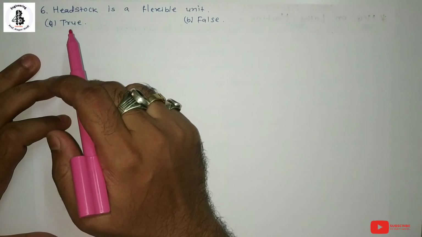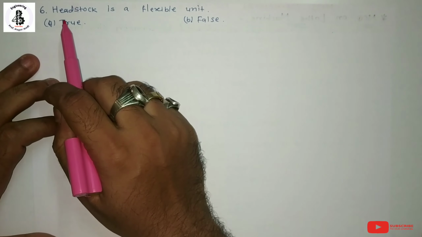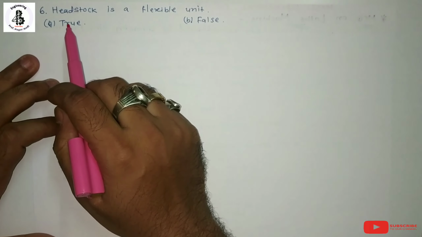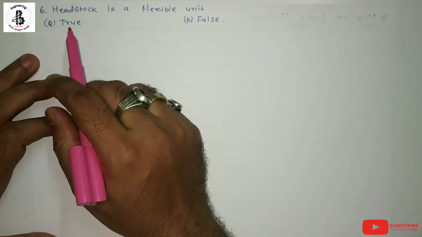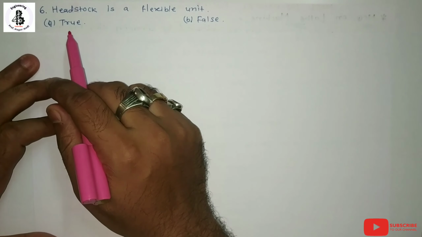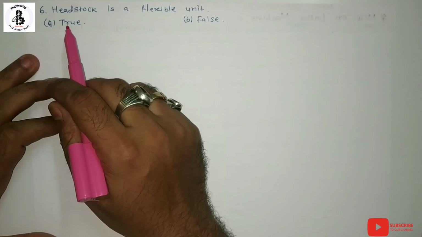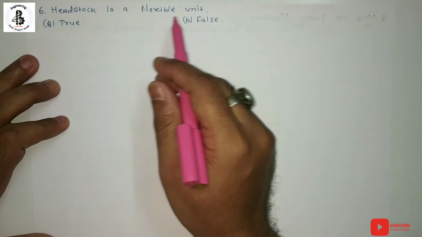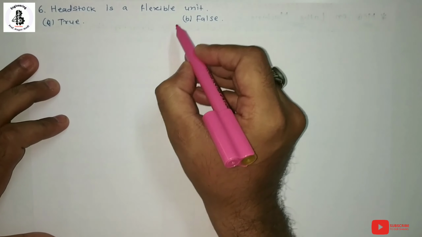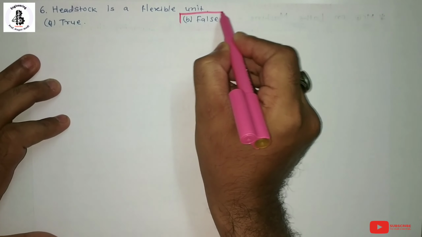The headstock is a rigid member, so it is not a flexible member. So the statement, headstock is a flexible unit, is false. So option B, false.